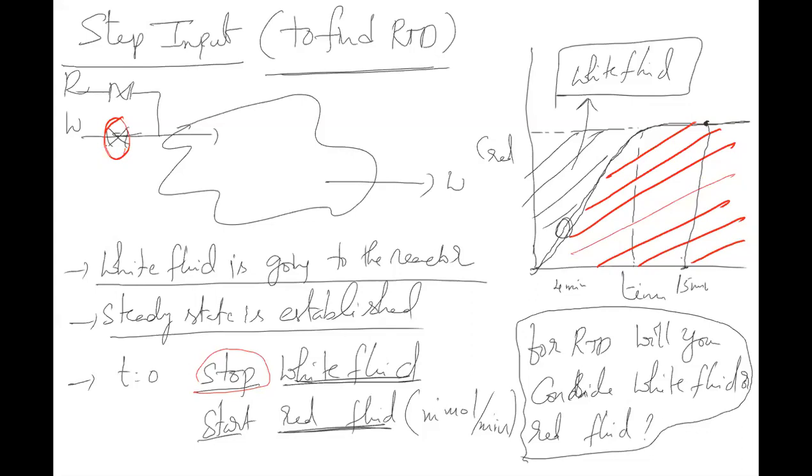This doesn't mean that the time spent by all the red particles inside the reactor is 15 minutes, because red is continuously going into the reactor. At 15 minutes, I got 100 red particles. That doesn't mean that 100 red particles have spent 15 minutes inside the reactor. Is it correct? No, because red is continuously entering the reactor.